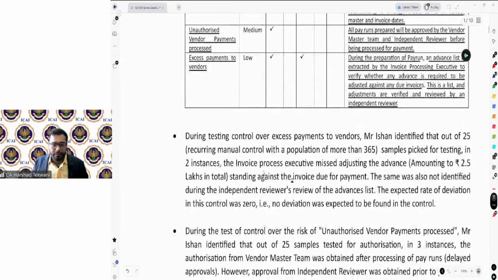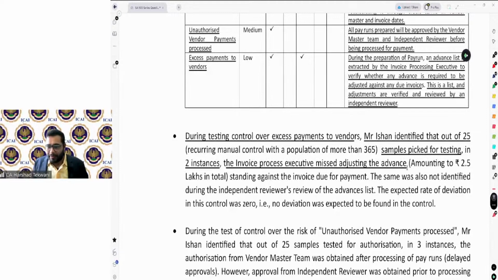During testing of the control over excess payment to vendors, Mr. Ishan identified that out of 25 samples picked for testing, in 2 instances the invoice processing executive missed adjusting the advance, amounting to 2.5 lakhs in total, standing against the invoice due for payment.